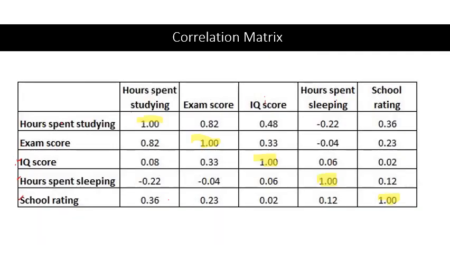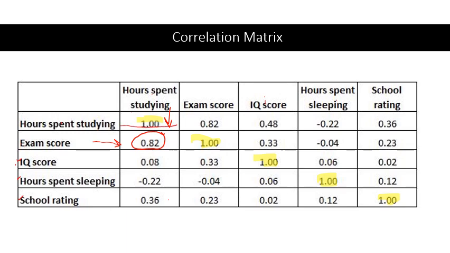For the last correlation matrix we'll look at, in this case, the whole matrix is filled in. You can see that the ones are written in going down the center, the perfect correlations of each variable with itself. And then you can see here that the other variables are written in 2 locations. The relationship between exam score and hours spent studying is shown here as 0.82.